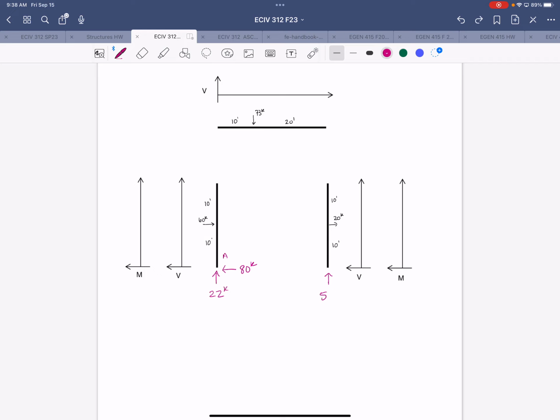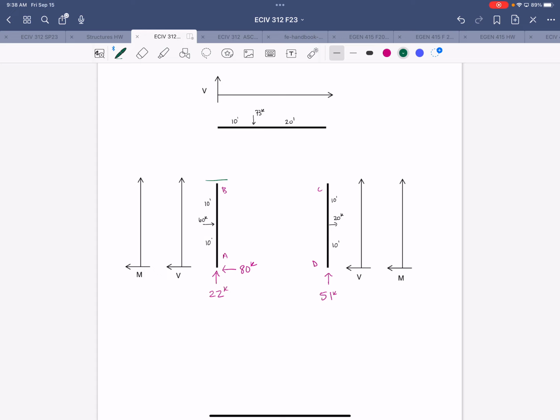That was 51 kips at D. And then this is B and C. So I'm going to go ahead and draw on here the internal forces at the joints.